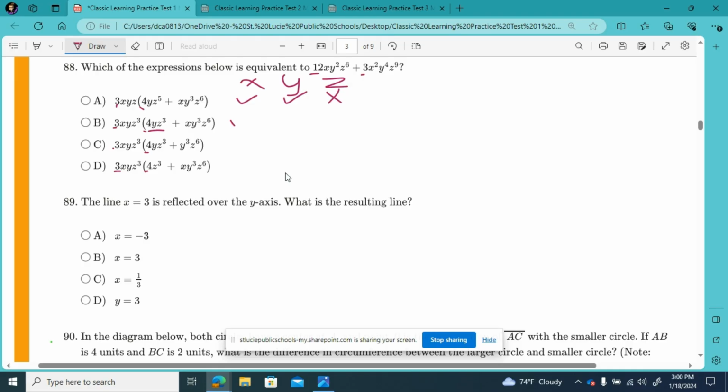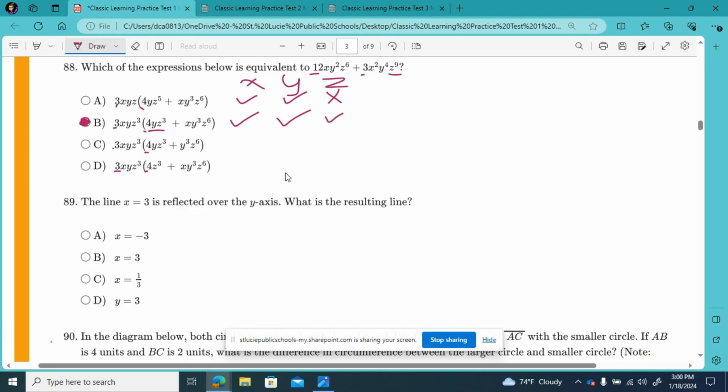So both of my x's were a match. And then y times y to the power of 3 is y to the power of 4. So my y's are both a match. And then z to the power of 3 times z to the power of 6 is z to the power of 9. So my z's are a match. And that is my correct answer.